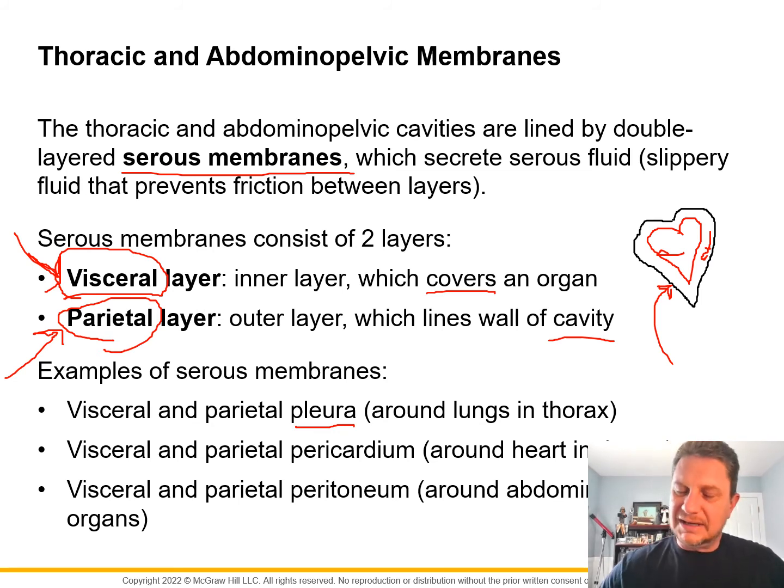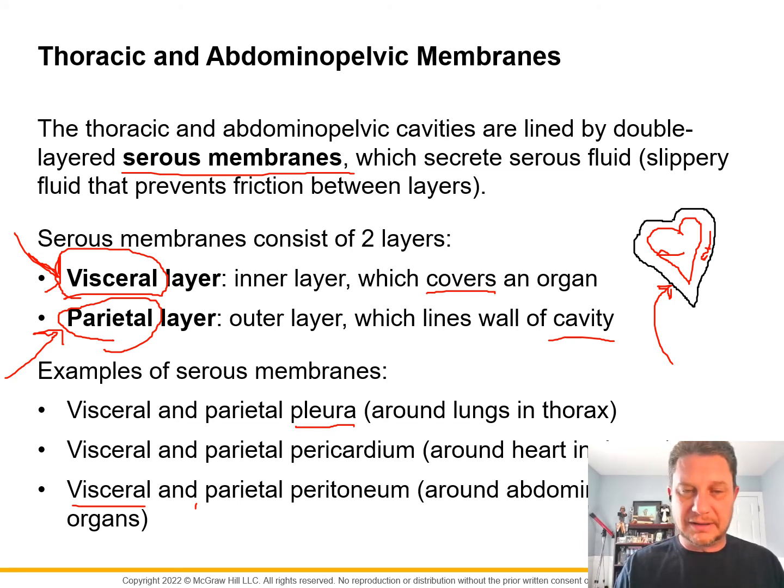The organs in my abdominal pelvic cavity are surrounded by membranes that are referred to as peritoneum. Now, if I am talking about my small intestines, I have a membrane that is on the small intestines. It is called the visceral peritoneum, because it's on the organ, and peritoneum because that organ is in the abdominal pelvic cavity.